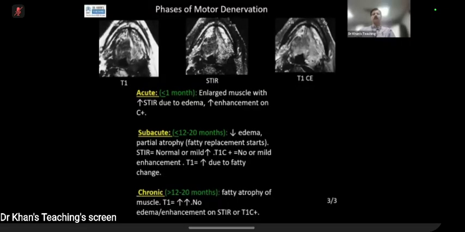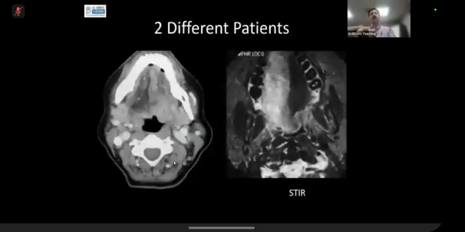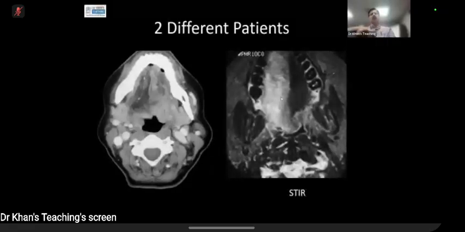If you look carefully, there is high signal on this T1, meaning fatty infiltration. Then on STIR, there is a bit of edema and maybe a bit of enhancement. So it was subacute. On the other hand, look here, these are two different cases. This is a CT scan, and even on CT scan, you can see atrophy. This one is from a STIR sequence, and you can see a lot of edema.